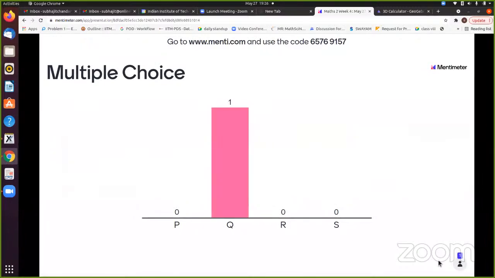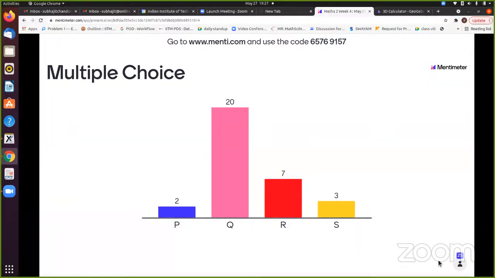You can cast your vote for which statement is correct. So P has some votes. R has many votes. Majority of you are giving Q.